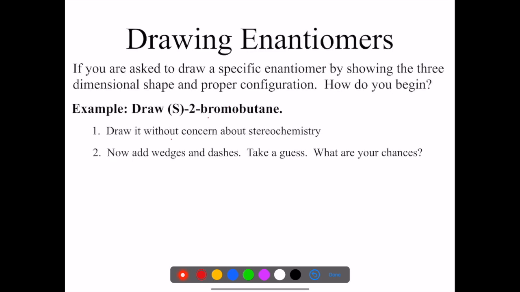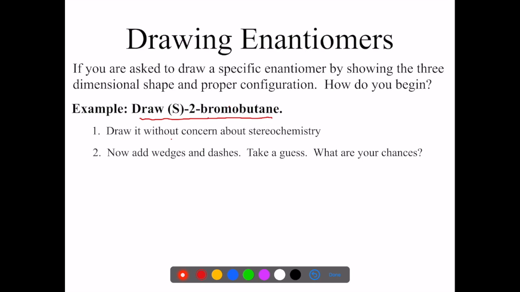So that's another trick that you can do to assign R and S easily. What if you're asked to draw one enantiomer and that's all you're told is to draw it? You have no mirror image to look at to change to get the other one. You're just told, for example, to draw S 2-bromo-butane.